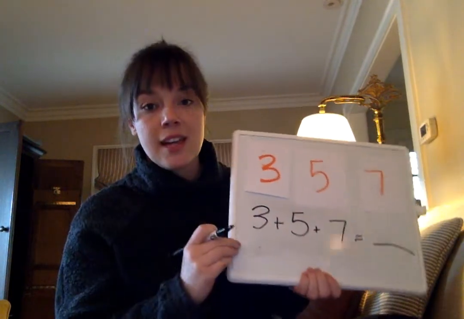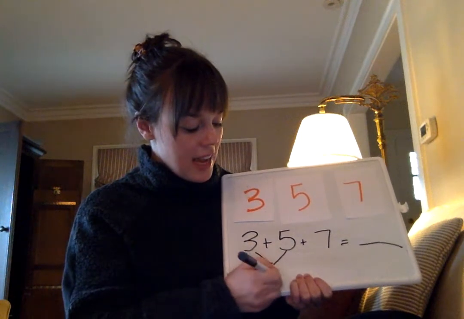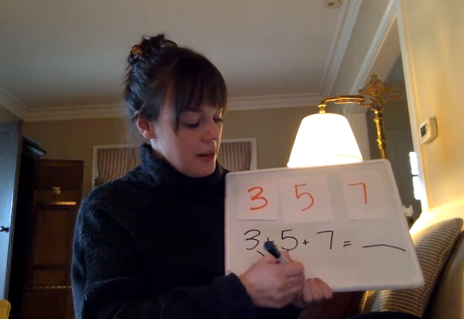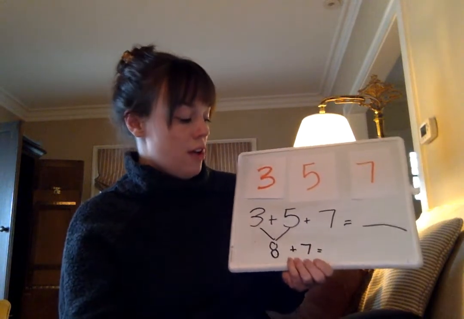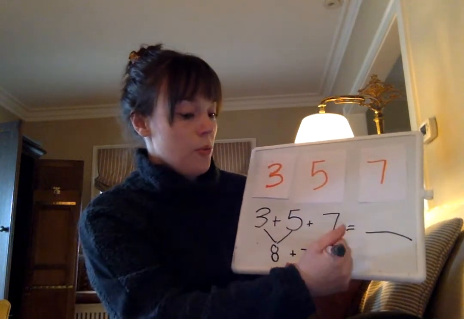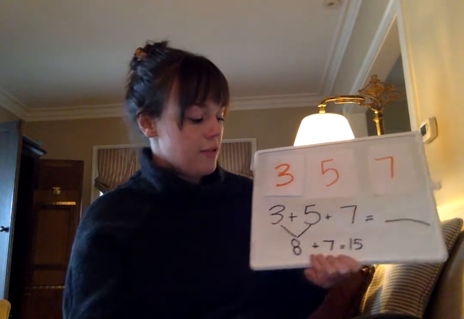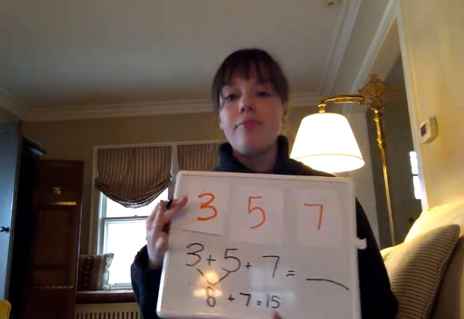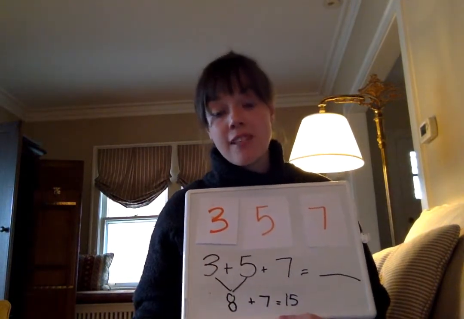Now if I have the numbers like this, I would solve 3 plus 5 first, and I know that's 8. And then 8 plus 7 equals, from our last problem, we had those same numbers and it equaled 15. So I know that 3 plus 5 plus 7 equals 15.